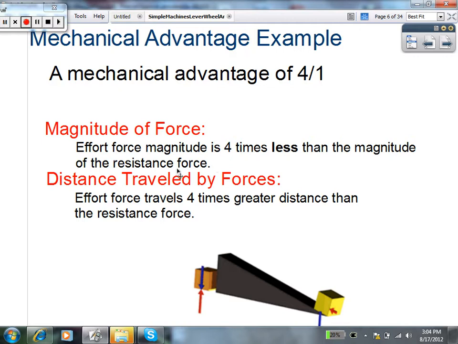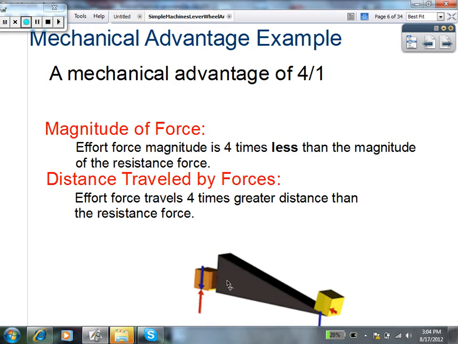Basically, it means that the effort force, what is needed to lift, is 4 times less than the magnitude of the resistance force, how much something weighs. It also can be looked at as the distance traveled by the forces. So the effort force travels 4 times greater than the resistance force.